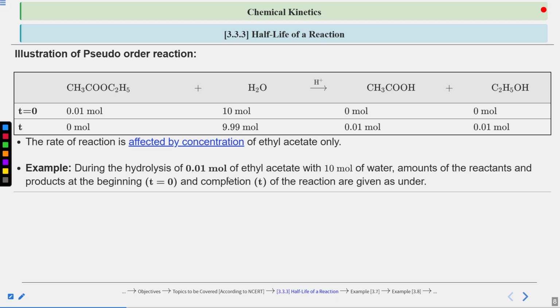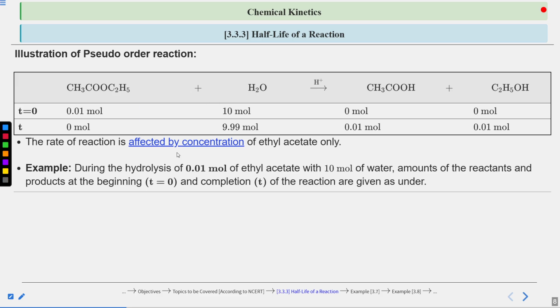So in this example, during the hydrolysis of 0.01 mole of ethyl acetate with 10 mole of water, the amounts of reactants and products at the beginning, t equals 0, and at the completion of the reaction, t equals t, are given like this, right?